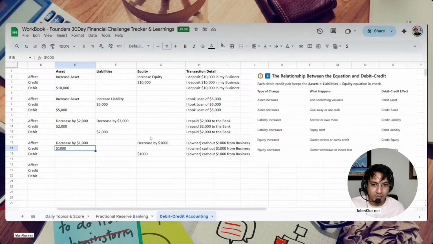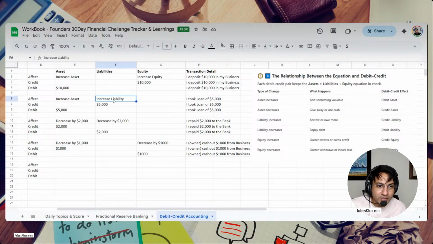Okay, we are right here. Liability increases, and it is being credited because it is the source of the fund, and asset increases, that's the end of the fund. Got it. So we are good here as well.